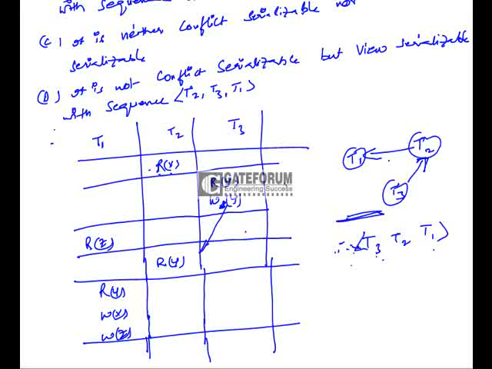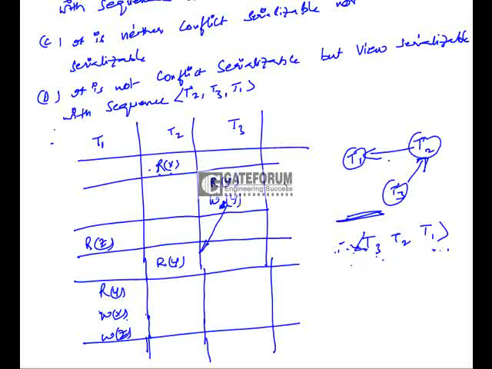The final write operation on each and every data item should not be changed in the equivalent serial schedule. Here the final write operation on data item X is performed by transaction T1, and the same thing is happening in the equivalent serial schedule also.